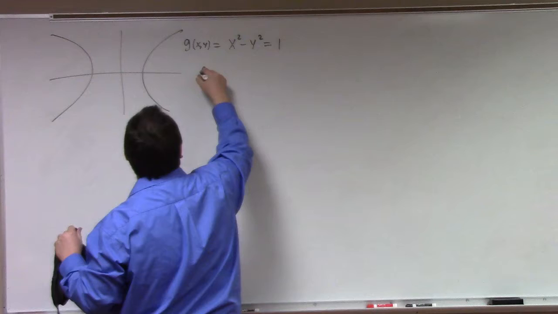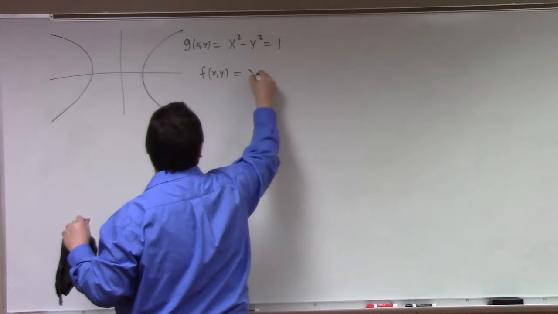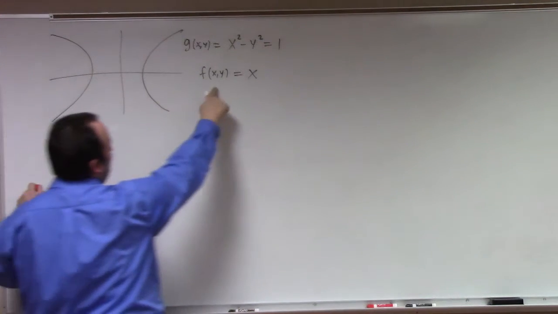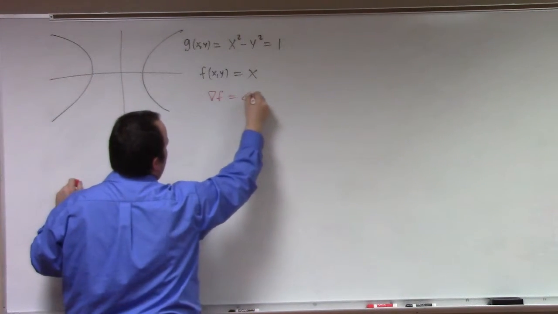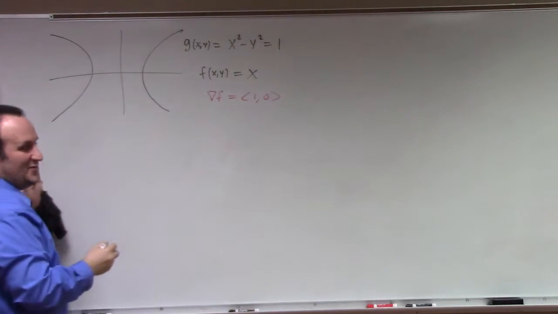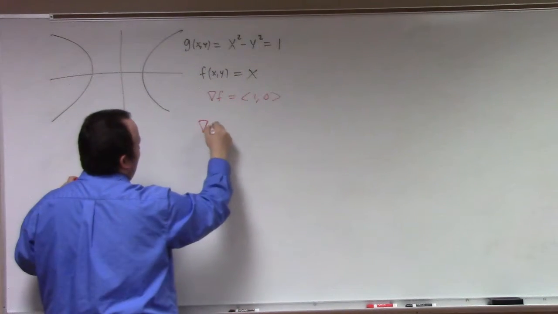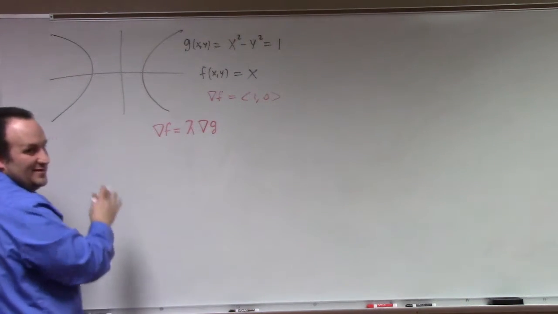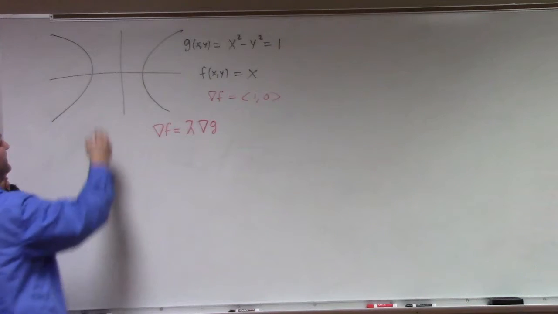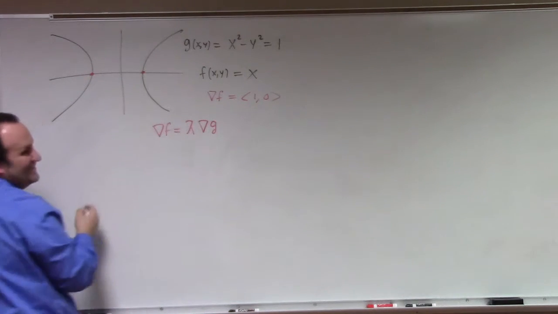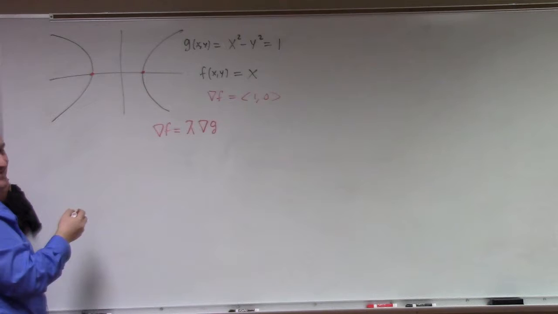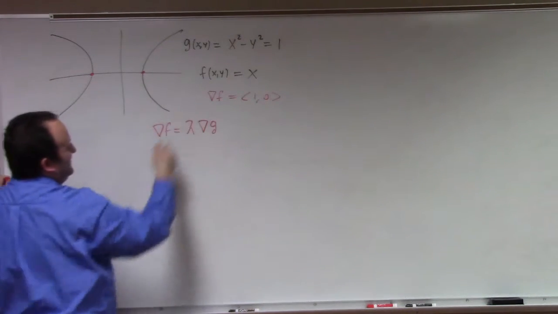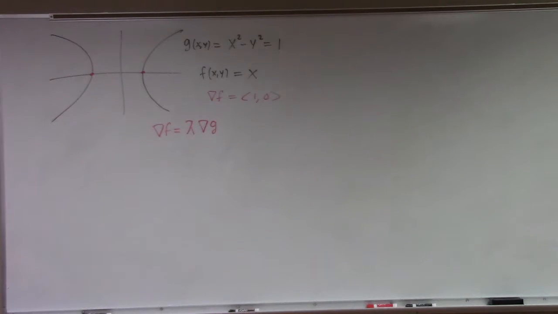And so if your objective function is x, what's the gradient of f look like? It's x hat. So when you solve the equation, lambda times the gradient of g equals the gradient of f, when is this going to have a solution? Here and here. So you'll get these as places where the objective function is ostensibly minimized and maximized.